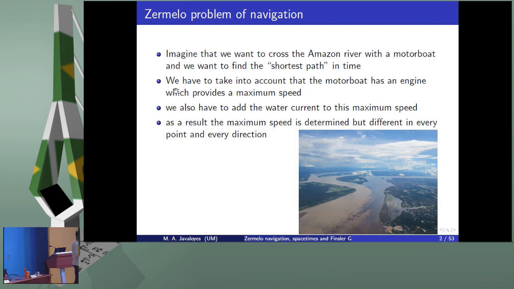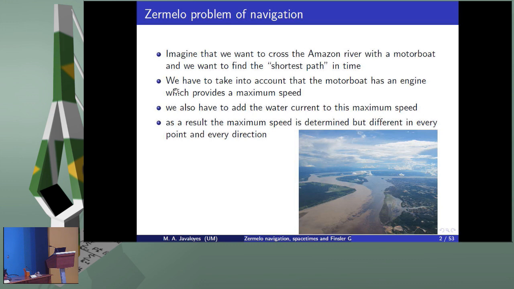So if you choose a path, you can compute the time. Then the question is, if you consider all the possible paths between one point and the other, which one takes the shortest time? You also have to take into account that in the center of the river, the current is stronger than at the sides.